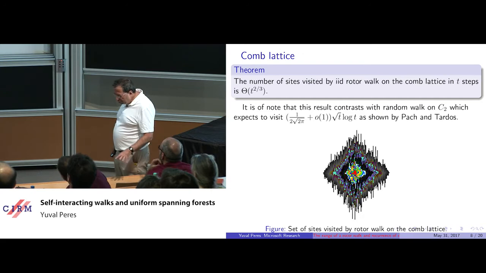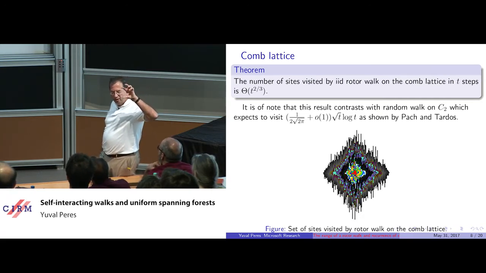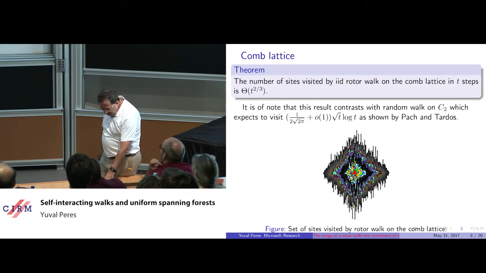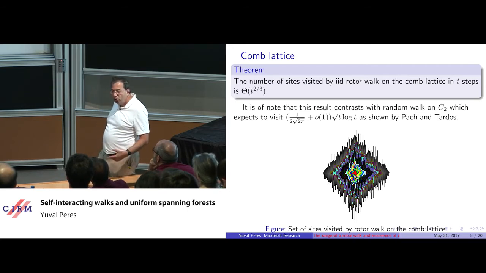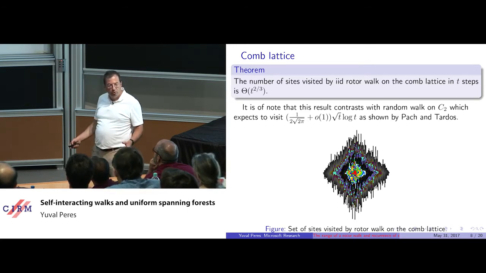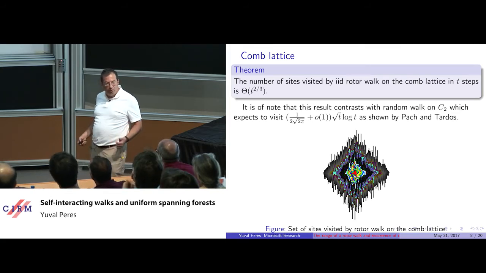Now, remember, in Z^2, we conjectured, actually by Priezzhev et al., that the range of the rotor walk grows much slower than for random walk, so t to the 2/3 as opposed to t over log t. On the comb, it's provably the other way.